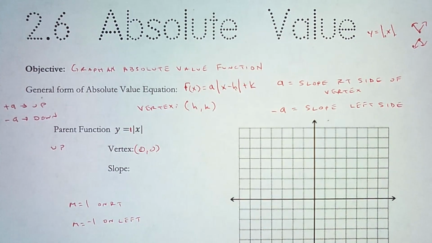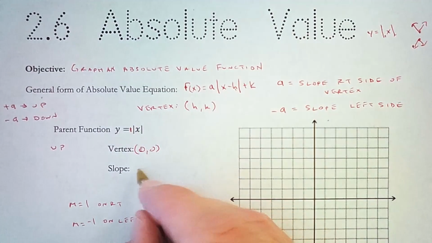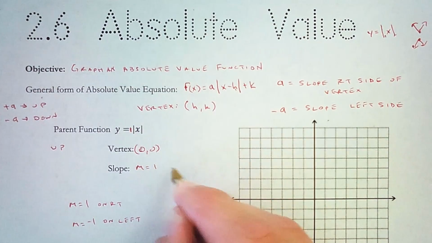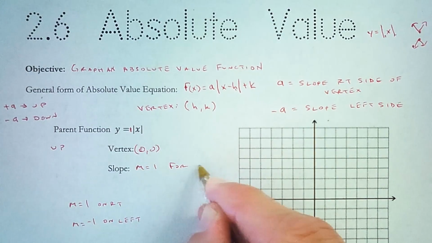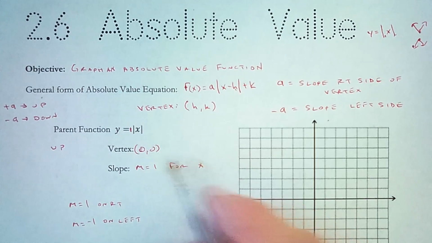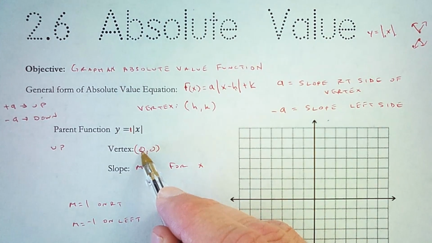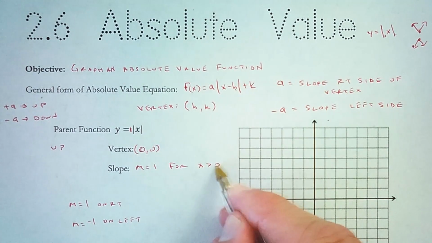Now I'm going to put that in more mathematical notation here. So we'll name the domain where the slope is 1 and the domain where the slope is negative 1. So the slope is 1 for x's that are to the right of the vertex, so greater than 0.